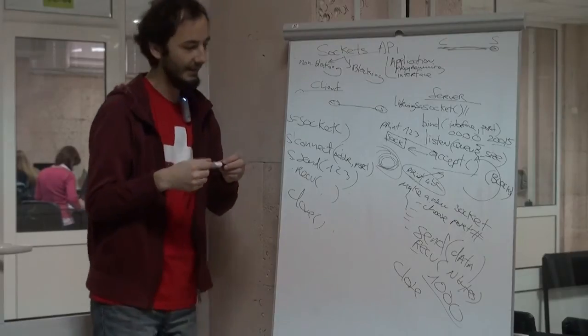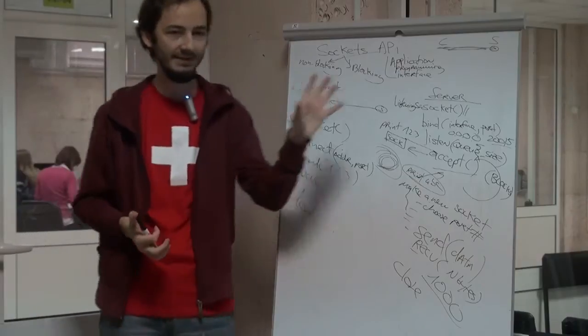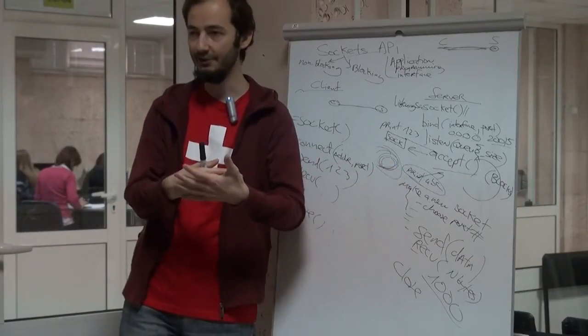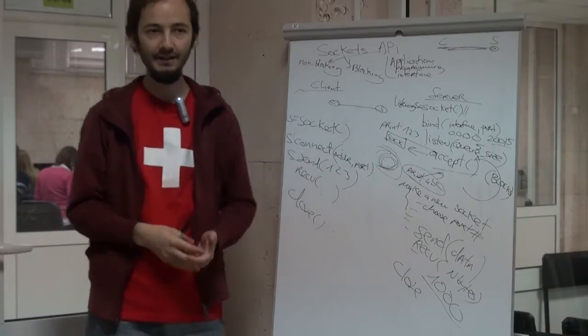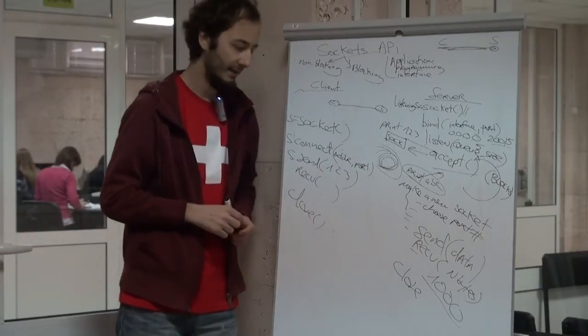So the server is only different in the sense that it's the one that accepts, the one that listens for a connection. But once it's established, it's there and it will continue to stay alive.